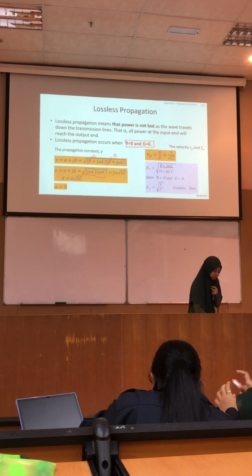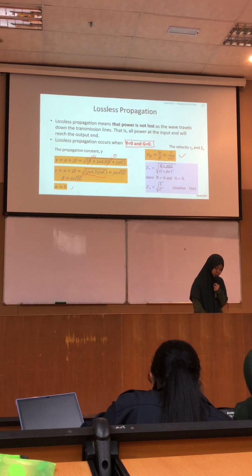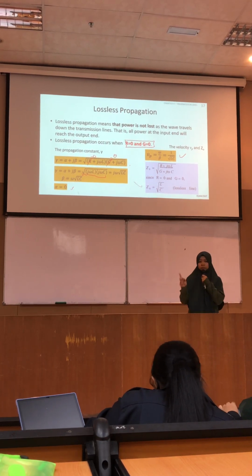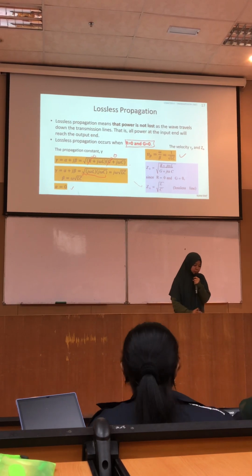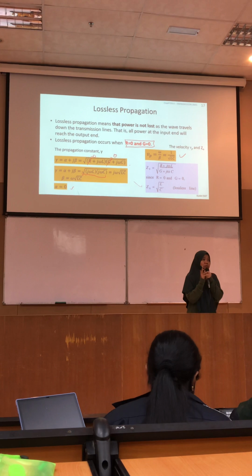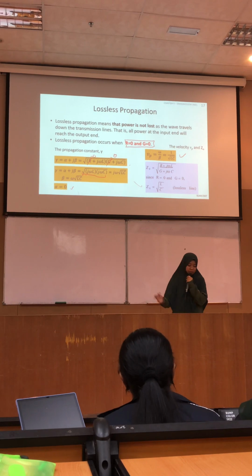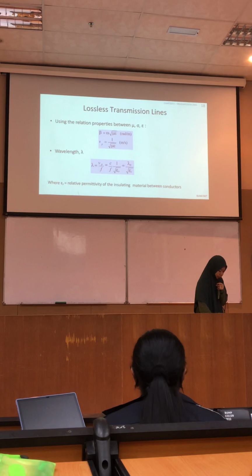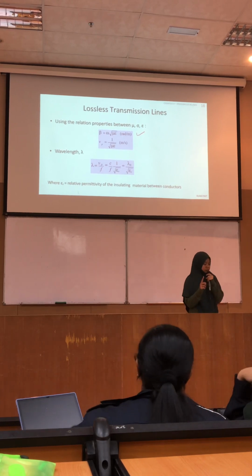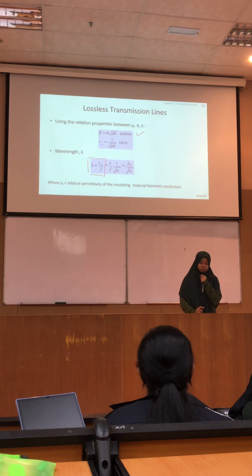The others are basically the same. Z naught equals the square root of L over C, which has a derivation, but for you just use it. The main important thing is R equals 0 and G equals 0. It is logical, because G is equal to 1 over R. For the lossless transmission line, beta equals omega times the square root of LC. Just use it. The important one is lambda equals Vp over f.